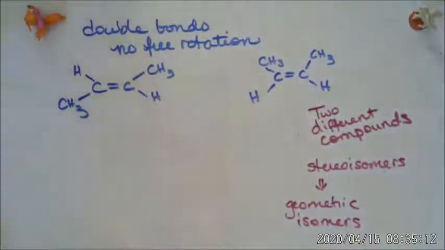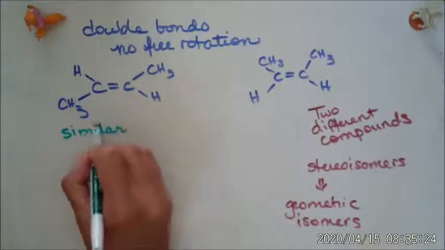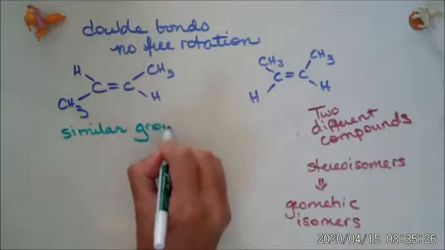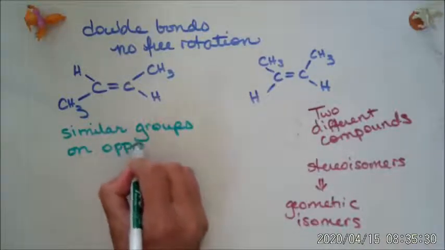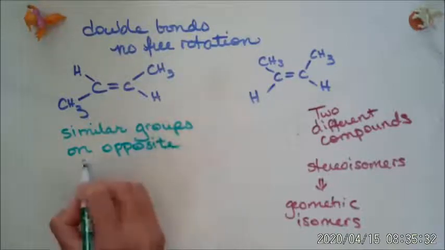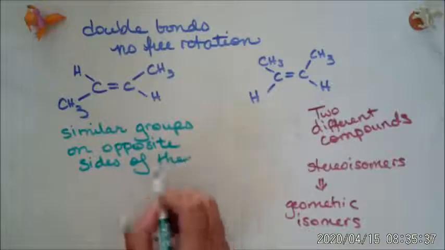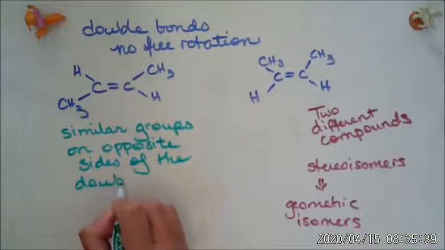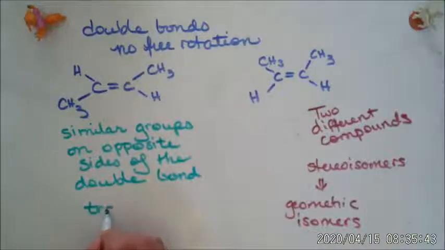When we have similar groups on opposite sides of the double bond, we call this trans.